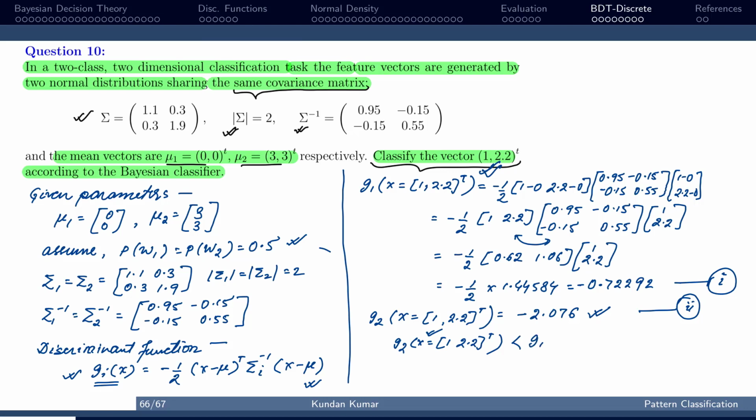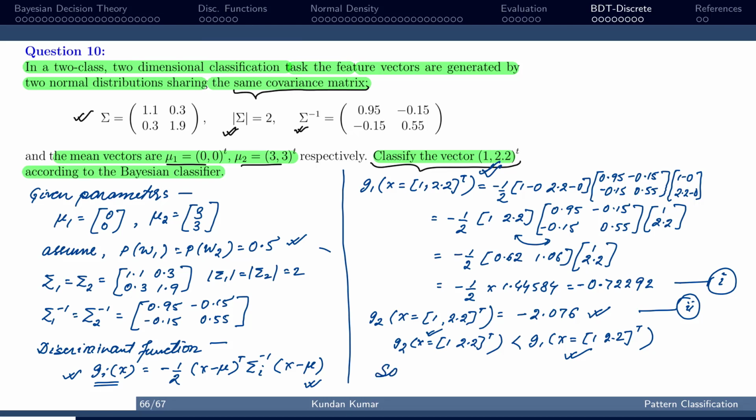So we will make the decision in favor of g1, and g1 is the discriminant function for class 1.